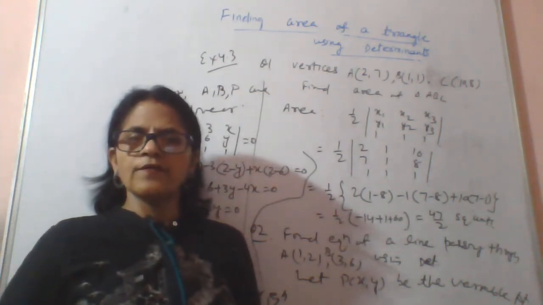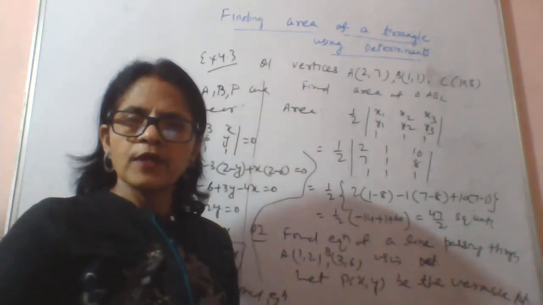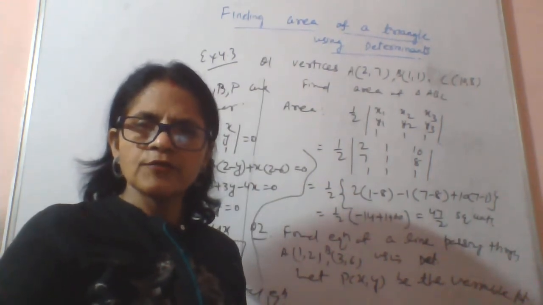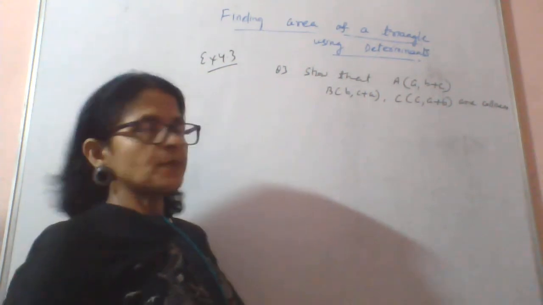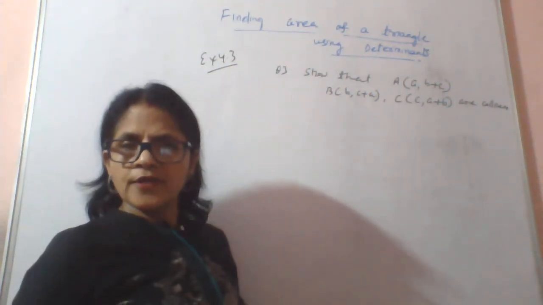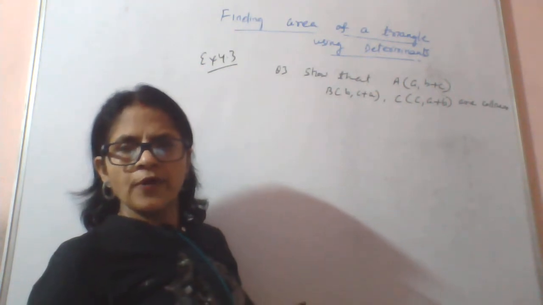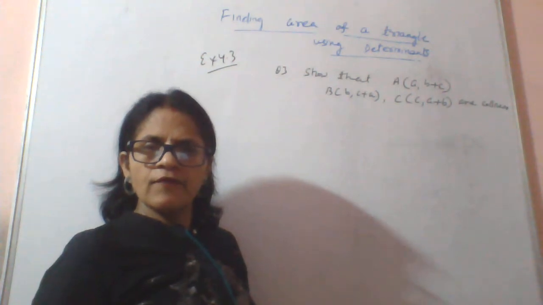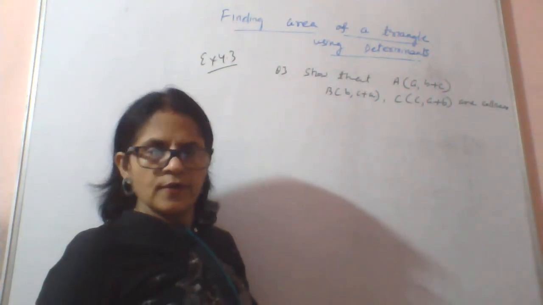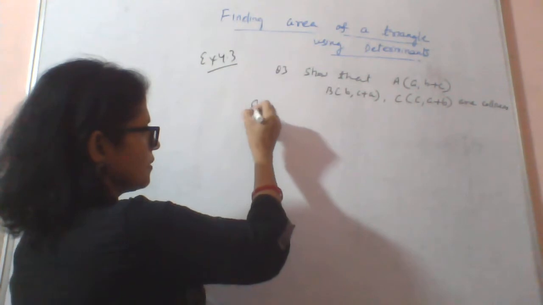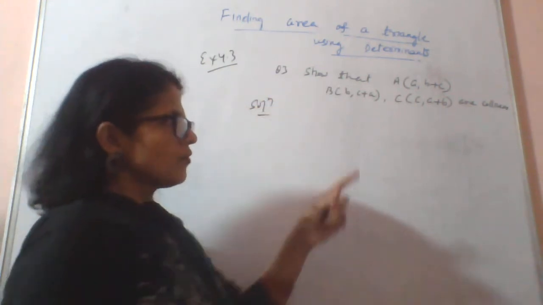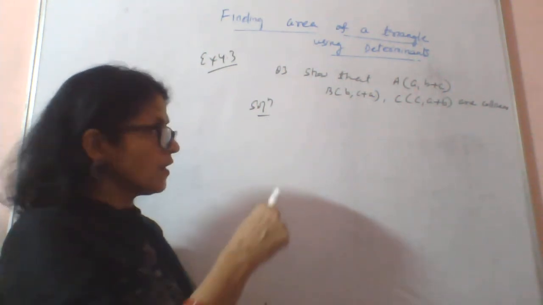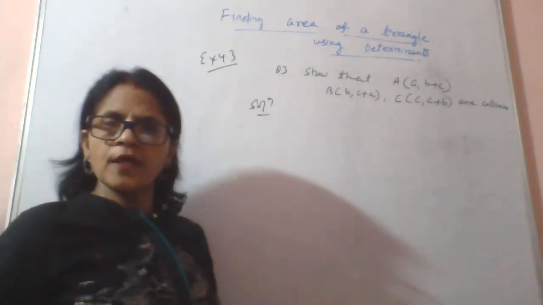So this is the way to find, if you are given 2 points, how to find the equation of the straight line using determinants. So the next type of question is: you are given 3 points, show that these 3 points are collinear. Okay, so points are collinear if the area formed by these 3 points is 0, right? So we have to check it. You are given A coordinates (a, b+c), B coordinates (b, c+a), and C coordinates (c, a+b).